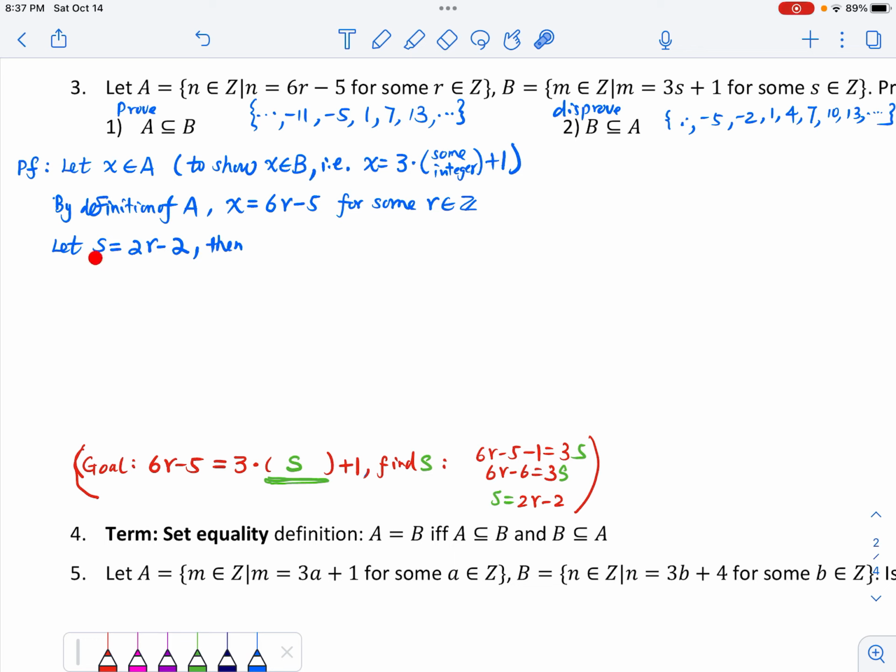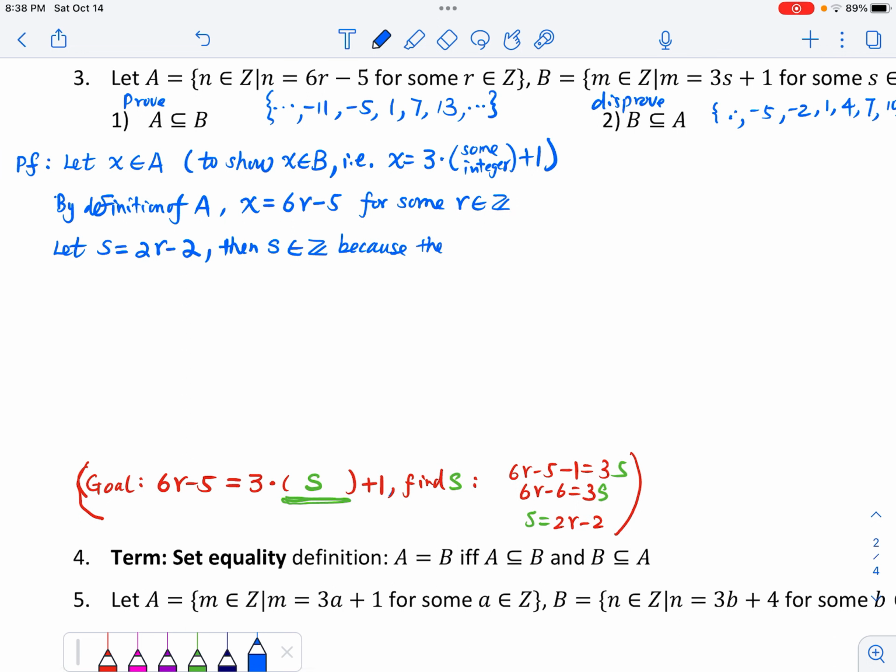So I'm going to say let s be 2r minus 2, then s is an integer because the product and difference of integers are integers. So therefore I know that s has to be an integer.